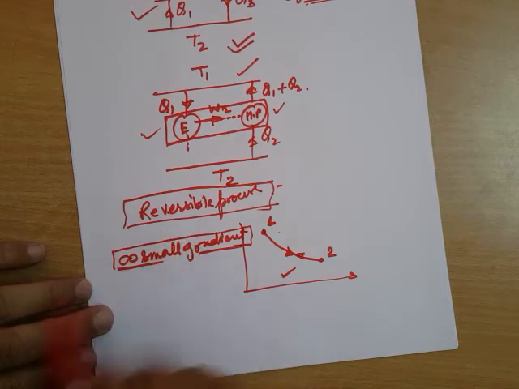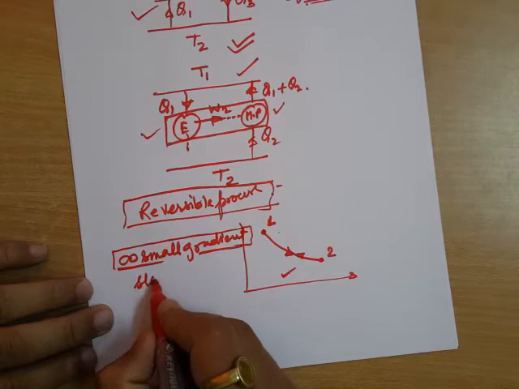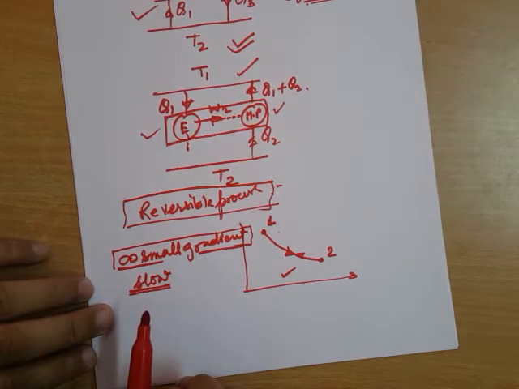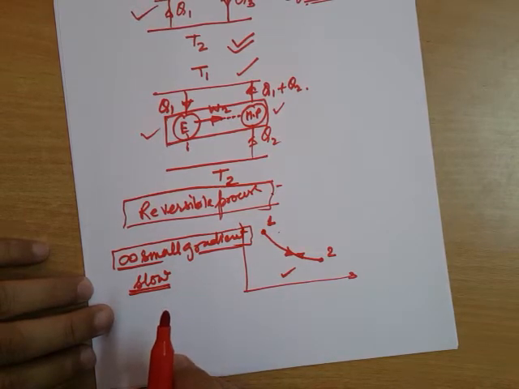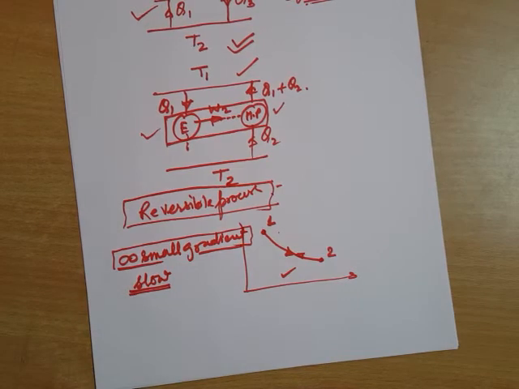So what is the characteristic of a reversible process? It is a very, very slow process. That's why quasi-static processes are sometimes called reversible processes. So if the process is very, very slow and occurring at a very small gradient, then we can say that process is approaching a reversible process.